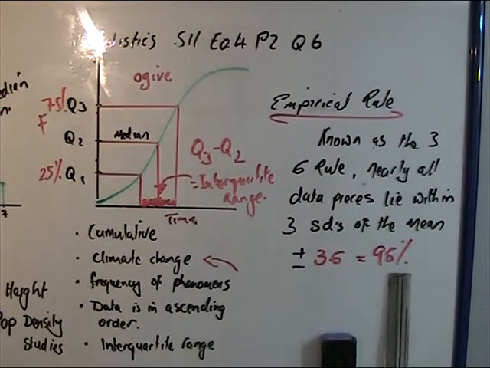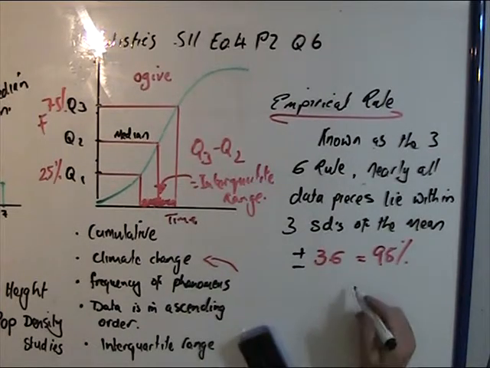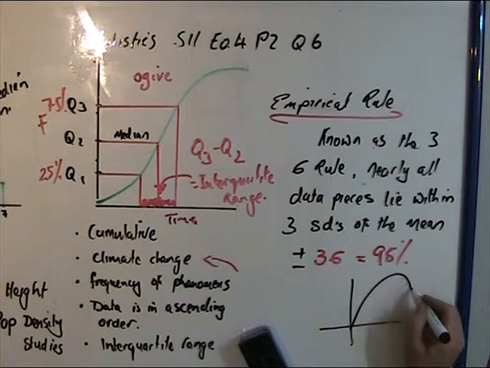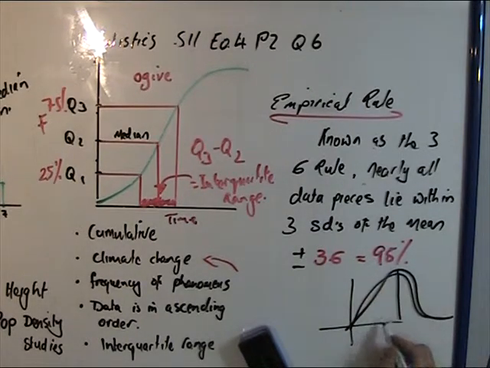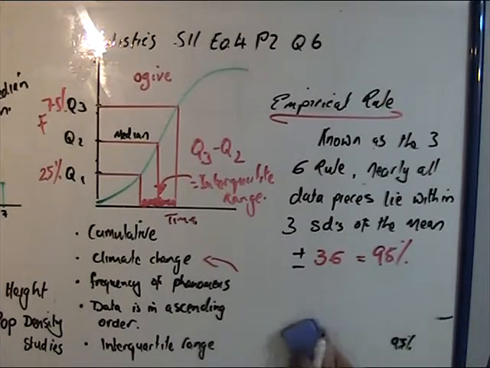I did this before in the normal distribution curve. Some graphs have different amounts, but it's 97 or 95, in the 90s. That's all you need to worry about there.